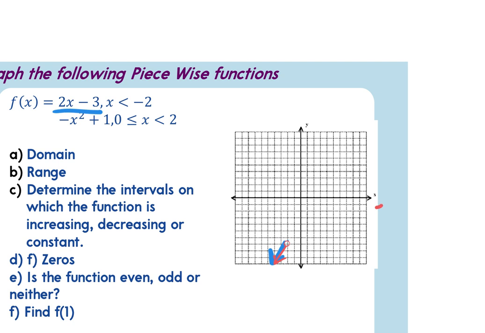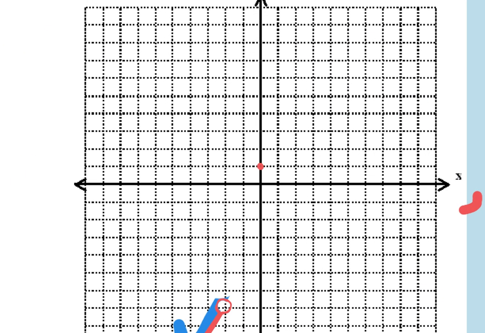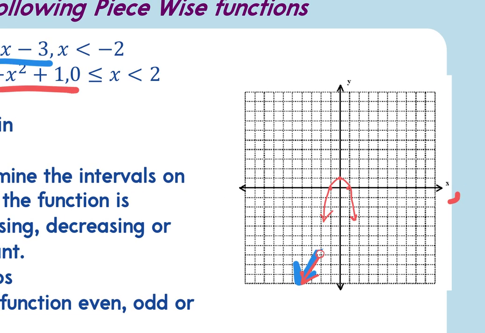Then I go to the next part, and this is a parabola, right? It's pointed down, it's shifted up 1. So I know an approximation of where it goes. It would be up 1, up and out 1, and it would look something like this, okay? But I only want to keep that one where x is greater than or equal to 0, which means the first point I want is the y-intercept. And I want it to go to where x is 2.